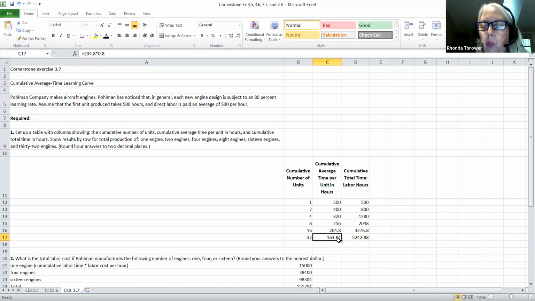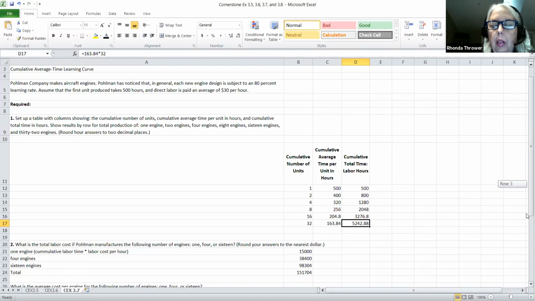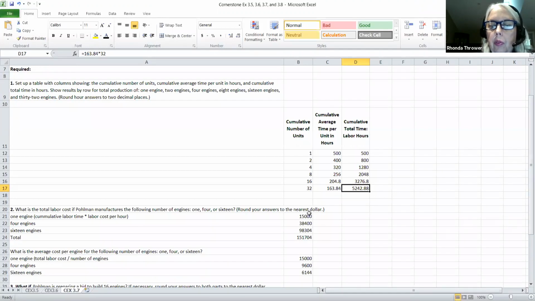And then we would multiply this unit in hours times 32 to get the total cumulative total time in labor hours. So 32 times 163.84 gives you the cumulative total time.